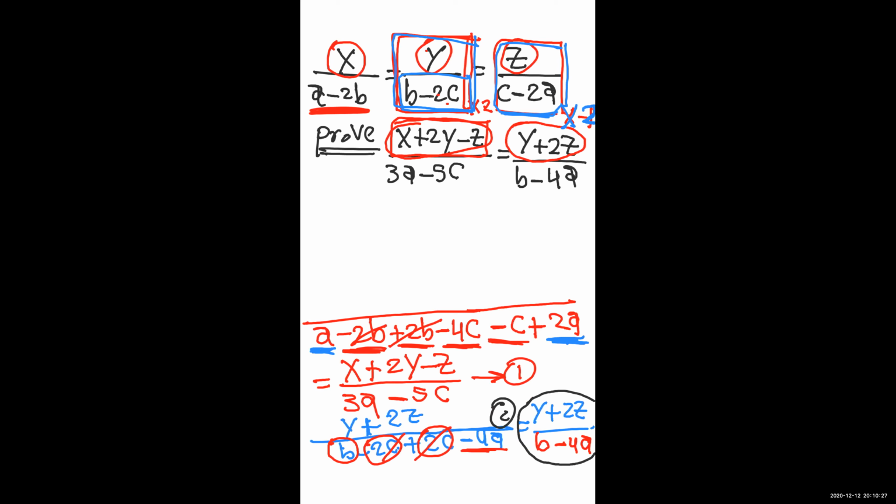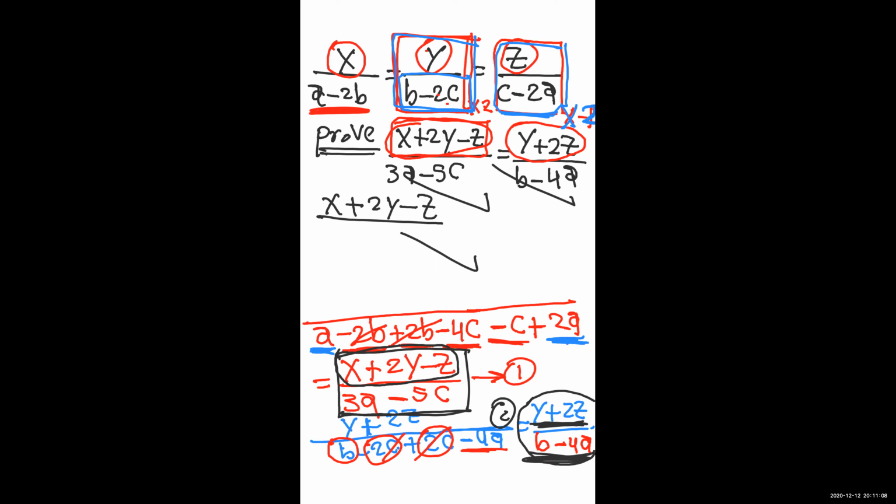From 1 and 2, the first antecedent, x plus 2y minus z, over the second antecedent, y plus 2z. Actually, it's finished, we don't need to do this. So x plus 2y minus z over 3a minus 5c is number 1, it will equal number 2, y plus 2z over b minus 4a.